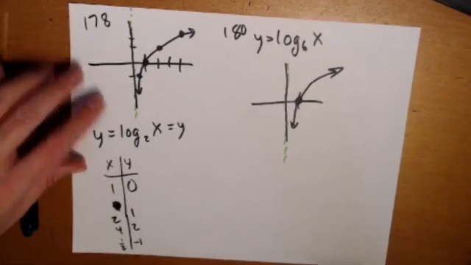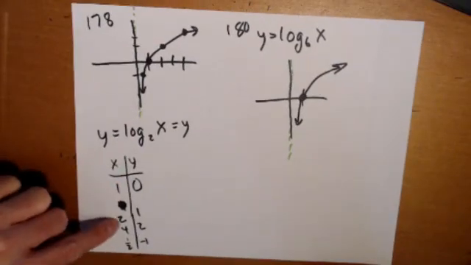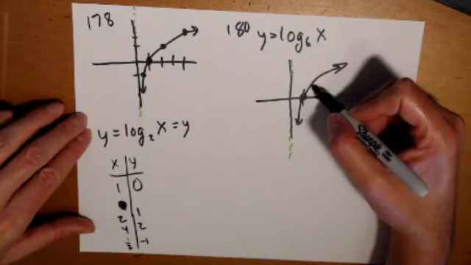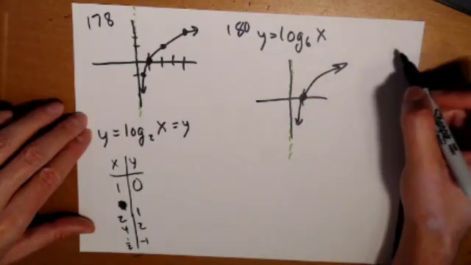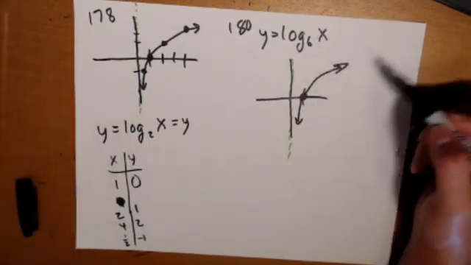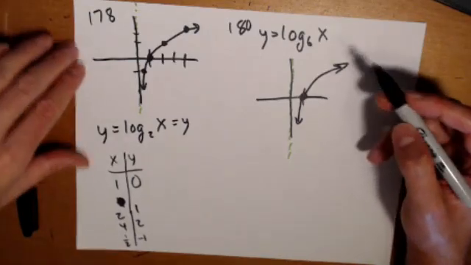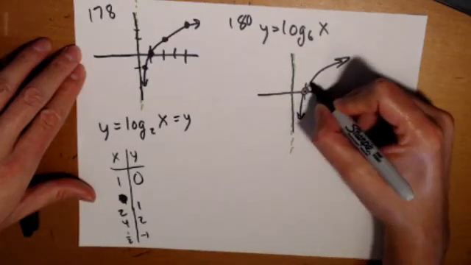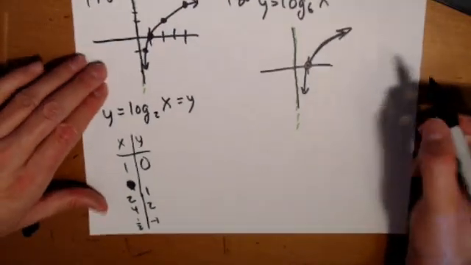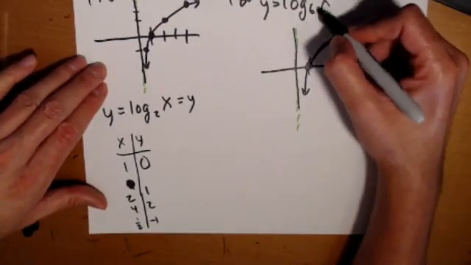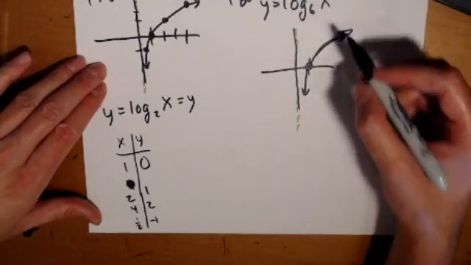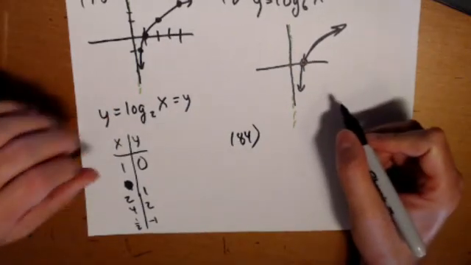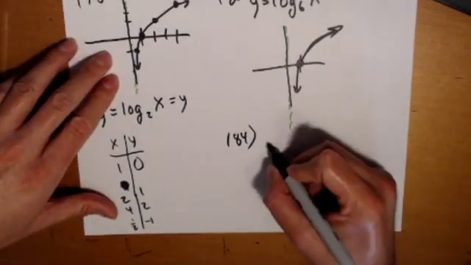No, they're different, right? So instead of 1, 2, and 4, it'd go up to 1, 6, and then 36. So they're slightly different, but don't worry about that too much. You just want the basic shape, the asymptote and then the slow growth. That's all that really matters. As long as the number is bigger than 1, of course, it's going to look like this. If it's less than 1, then similar to when we graphed exponentials, it's going to look a little bit different.